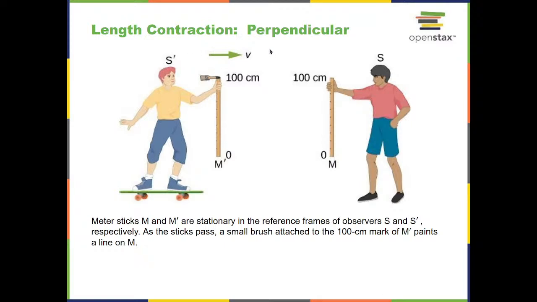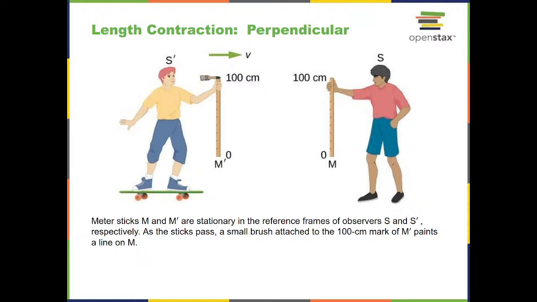It's only in the direction of motion that the lengths will change. So the person on the skateboard will see a thickness of the ruler along the direction of motion that will be different.